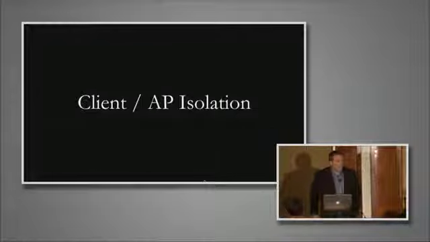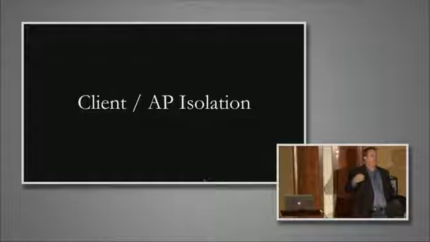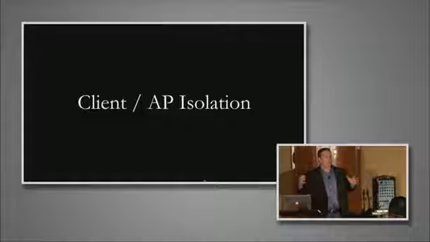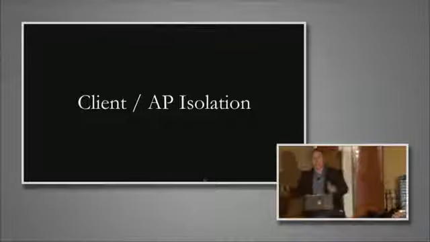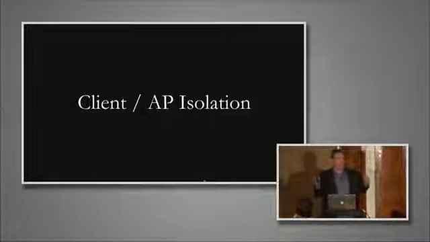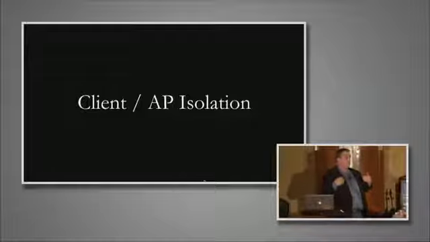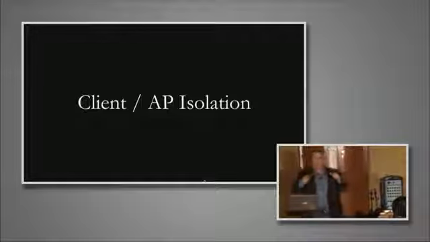But the first one, and the most obvious to me, is client and access point isolation. Now, I don't mean client isolation like the feature set. I mean the idea behind any high-density Wi-Fi system is isolating. APs are the first one we always try to do because we, as network people, have more control over that. But you want to isolate pieces, right? You want this access point.